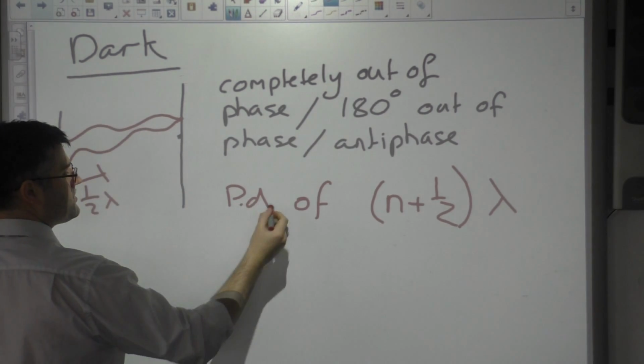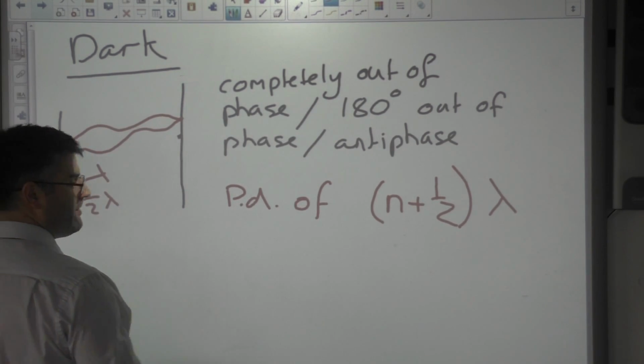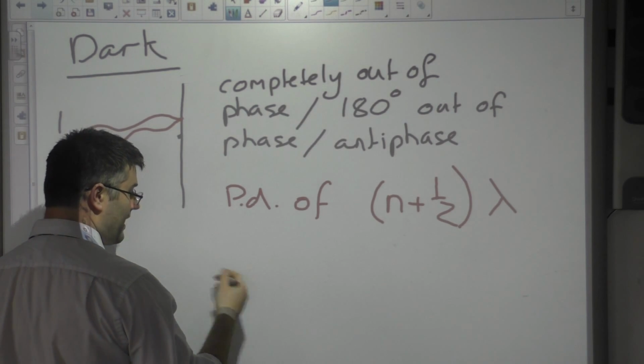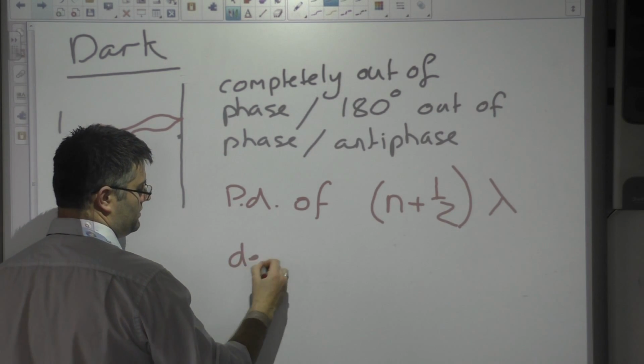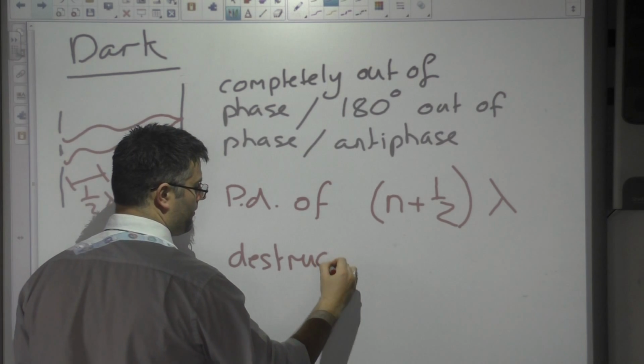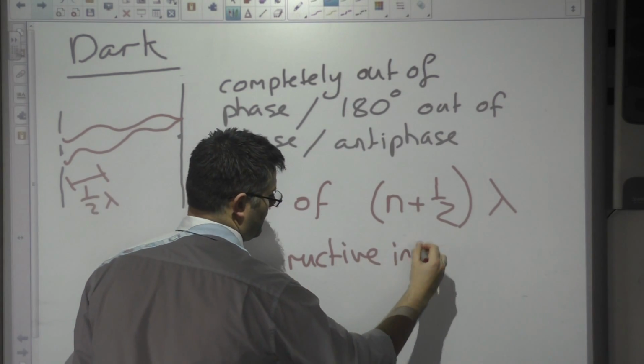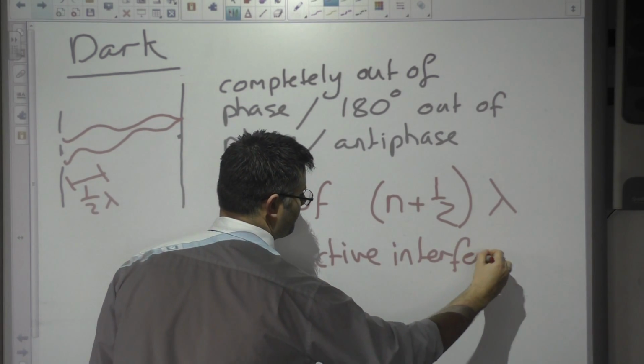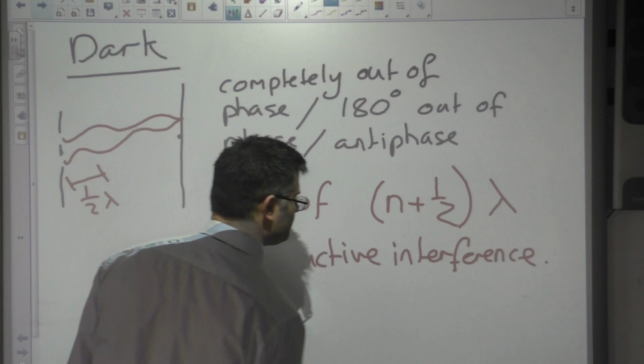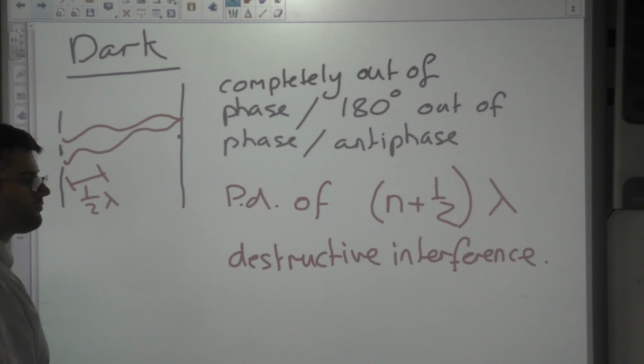So the path difference of n plus a half lambda, and that is because all of that gives rise to destructive interference. Okay, so that's destructive interference.